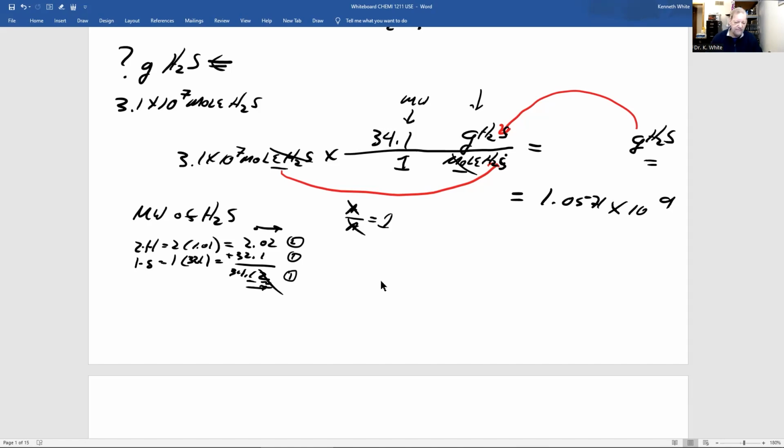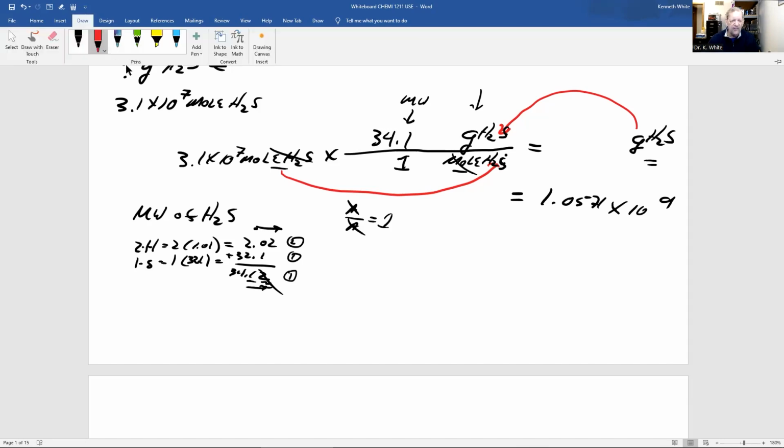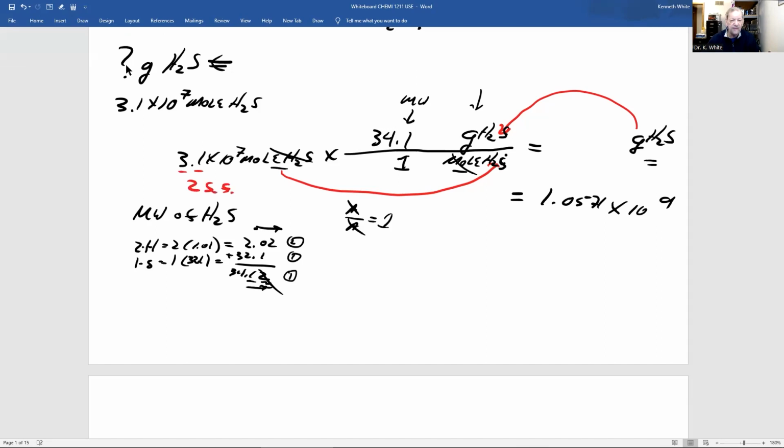And remember, when you're multiplying, dividing, you get the same number of significant figures in your answer as the number that has the fewest significant figures in what you're multiplying, dividing. This has 2 significant figures.